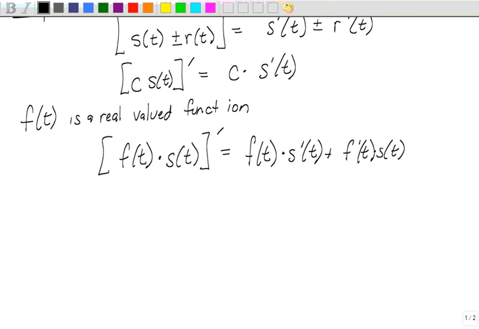And that's times, it's not dotted. If you're dotting them, you take the dot product. Again, it follows the product rule.